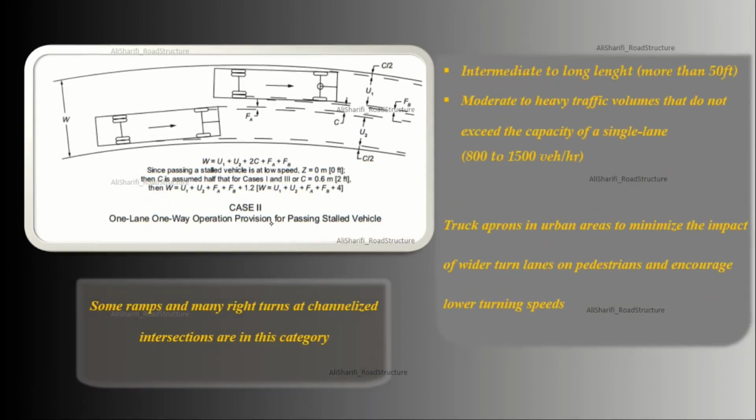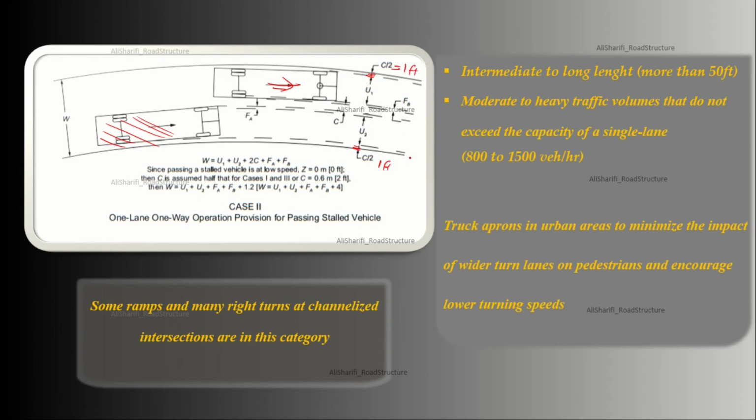Case 2 is similar to Case 1, except that an extra width is provided inside the turning roadway to give the turning traffic the opportunity to pass a stalled vehicle. Since passing a stalled vehicle occurs at low speed, the lateral clearance in this case is as small as 1 foot, and no extra width is provided to account for difficulty of driving in curves.